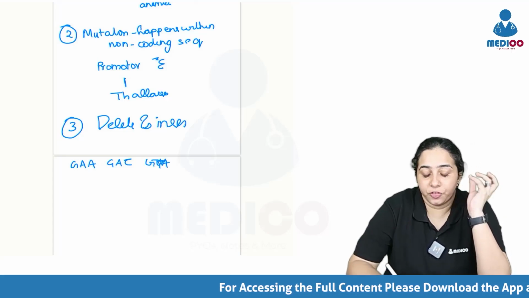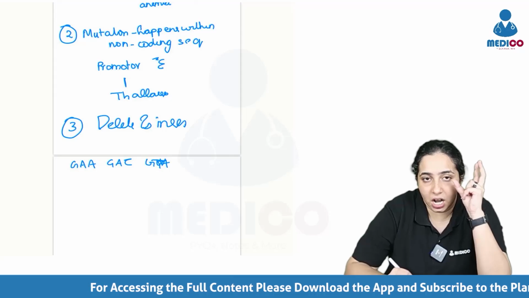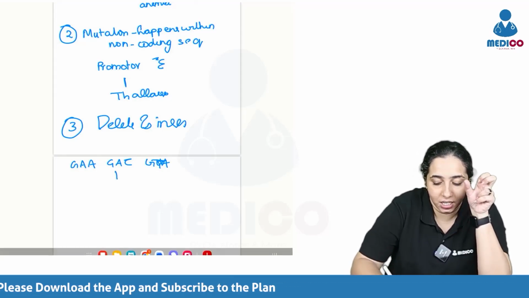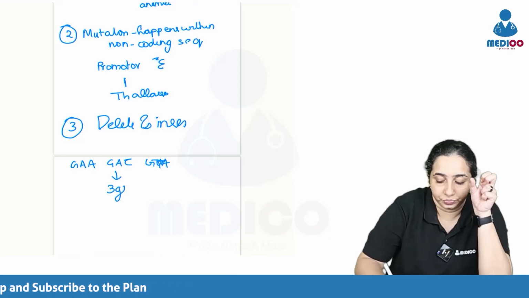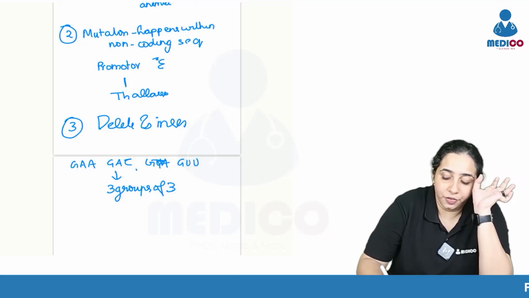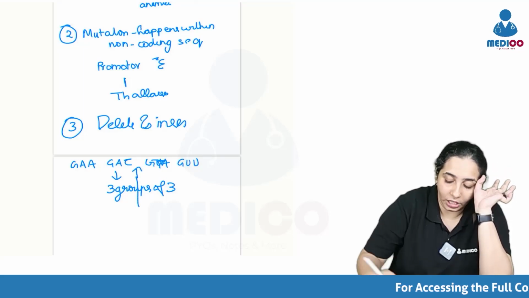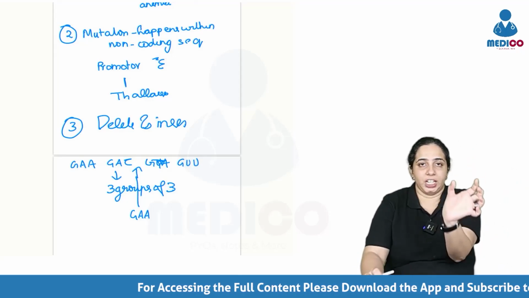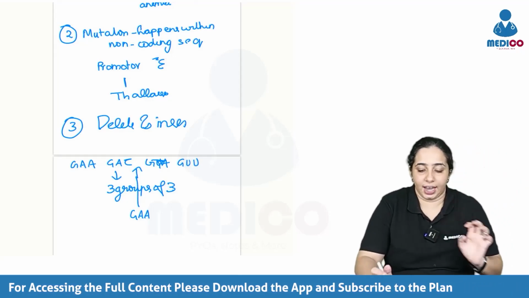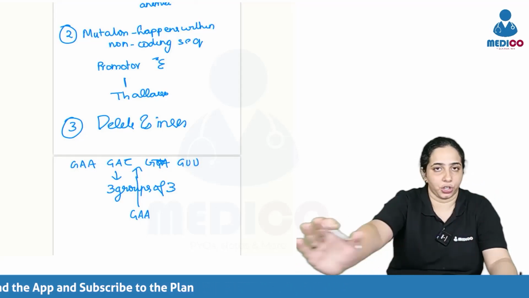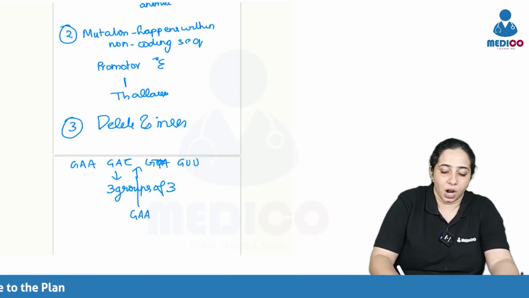If nucleotides are either added or subtracted in groups of 3, the reading frame is not going to change, because how does reading happen?